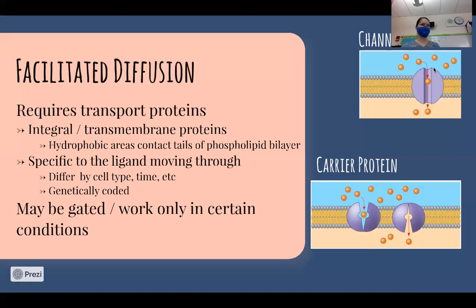So that's why you can take things that are chemically very similar to something else. One will work, one won't, or one will work differently. And as we'll see later, sometimes these channels or carriers can be blocked, but that's a tomorrow story, a metaphorical tomorrow, not an actual tomorrow.